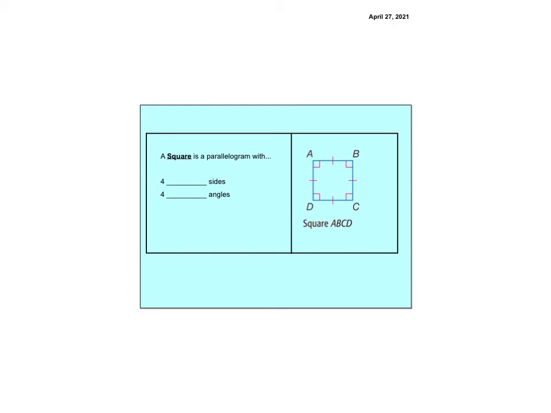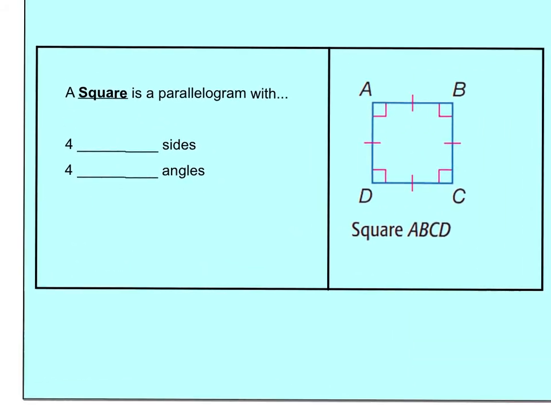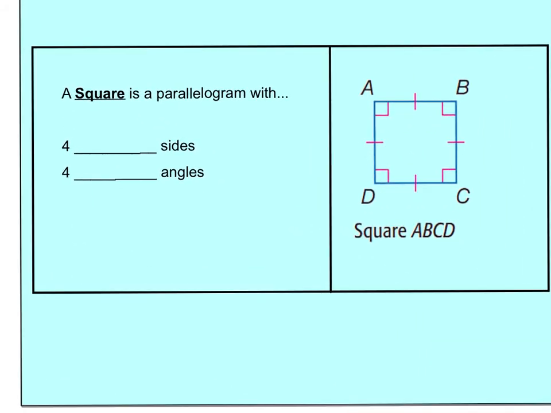So now, the square, very specific. You need to tell me it's going to have 4 congruent sides, 4 congruent angles.